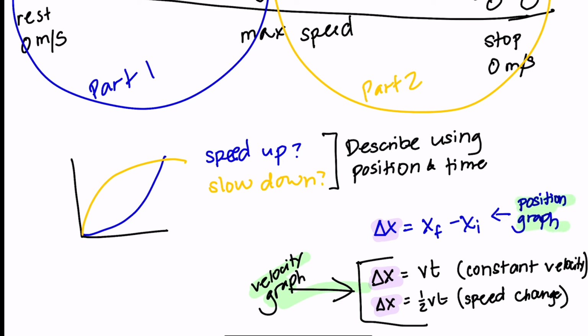And then the other tells you it's for the position graph. So make sure to look at your graph to see what kind of a graph it is. The displacement on a position graph is just going to be subtracting 2 numbers, and then on the velocity graph, it's going to be multiplying numbers. So just take a look and remember what these parts were.